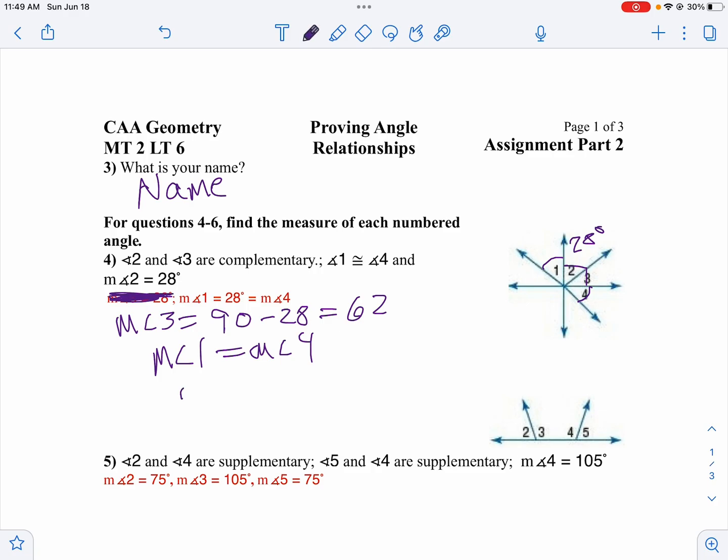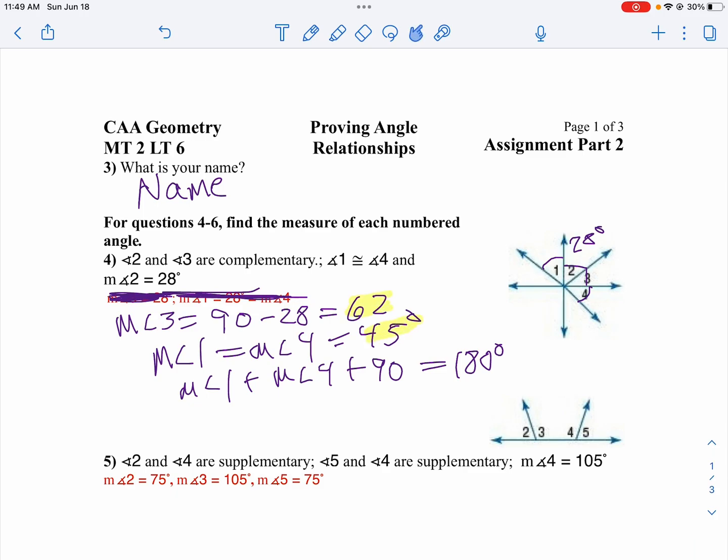So in other words, the measure of angle 1 plus the measure of angle 4 plus 90 makes a straight line, makes 180 degrees. So the measure of angle 1 would have to be 45. And there we have it. So angle 3 is 62 degrees and angle 4 is 45 degrees.